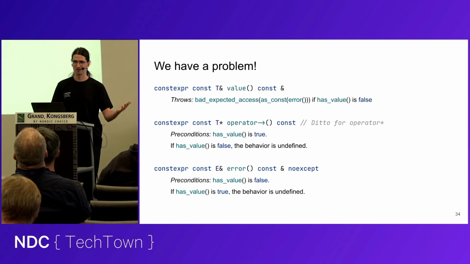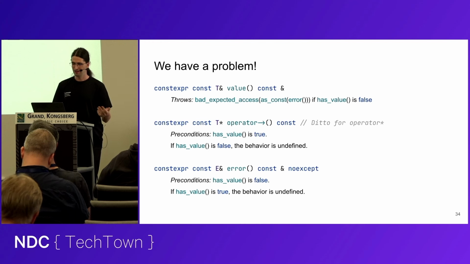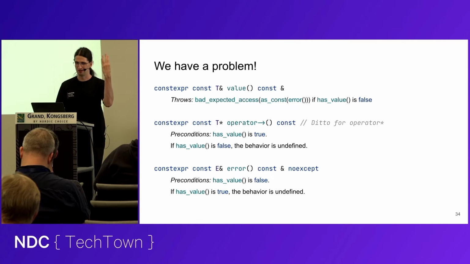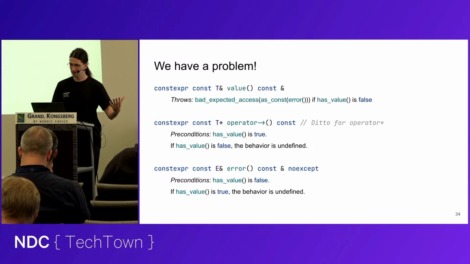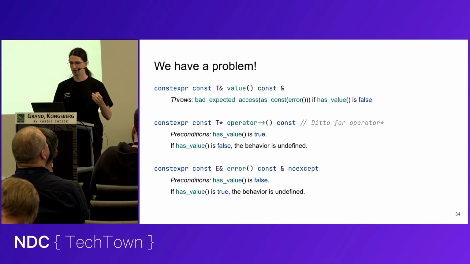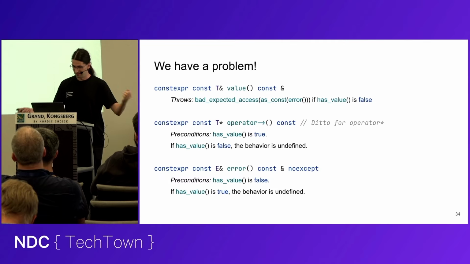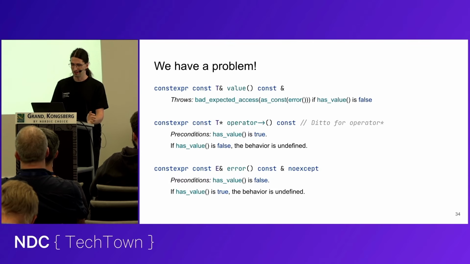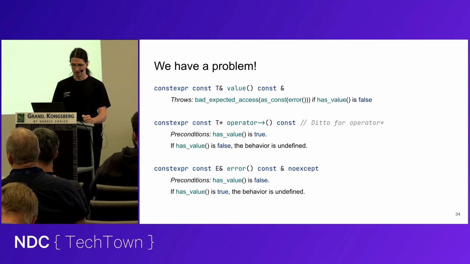We want to access a value through the standard API. If there is no value, if there is an error, in the first case the exception will be thrown, but with expected access, if you use another operator, like star or error, then it's UB. And if you use error, for instance, similar to value, it's also UB, which is probably not great.